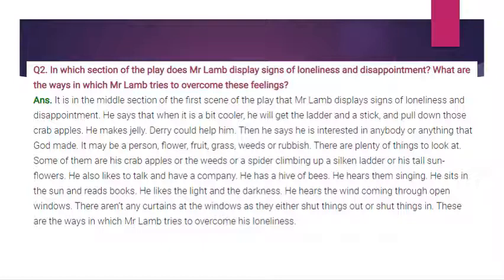He has a hive of bees, hears them singing, he sits in the sun and reads books. He likes the light and the darkness. He hears the wind coming through open windows. There aren't any curtains at the windows as they either shut things out or shut things in. These are the ways in which Mr. Lamb tries to overcome his loneliness.